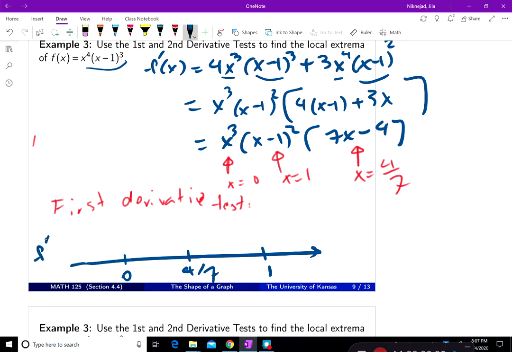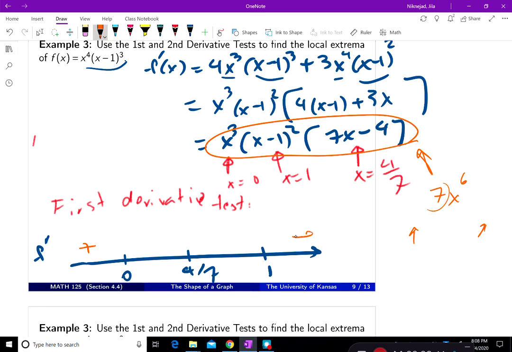You're finding the signs for f prime. f prime is a polynomial of degree 7, and the leading coefficient is 7, so 7x to the power 7. A polynomial of odd degree with a positive coefficient has end behavior that is negative on the left and positive on the right. So I know it's positive here.